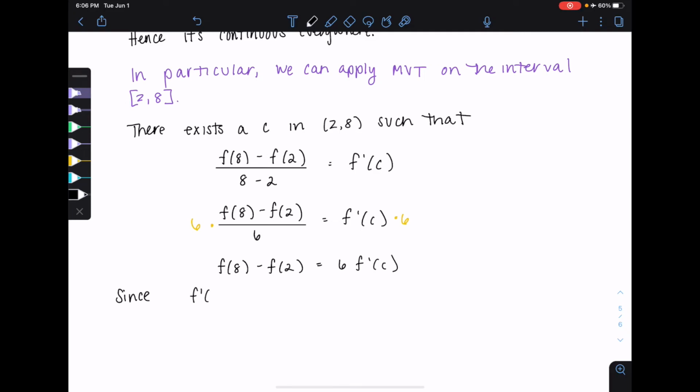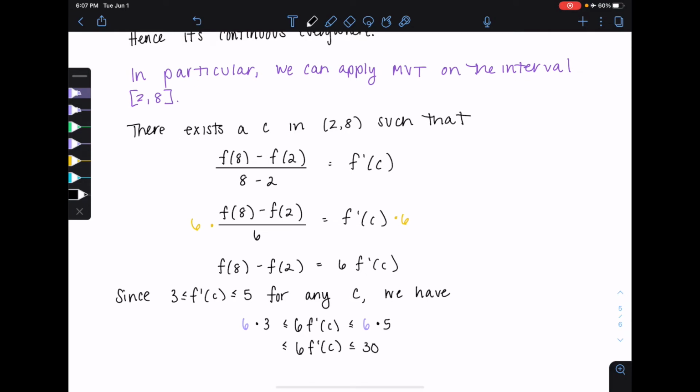since the derivative evaluated at c, it doesn't matter if it's x or c in here, is trapped between 3 and 5 for any value of c, we have 6 times the derivative is between 6 times 3 and 6 times 5. So 6 times my derivative is always trapped between 18 and 30.